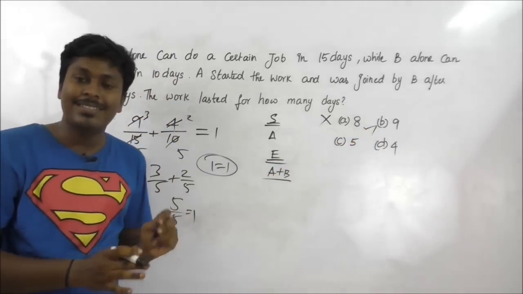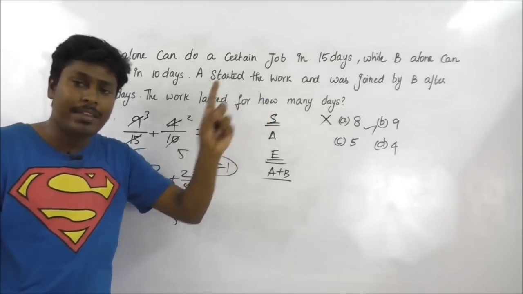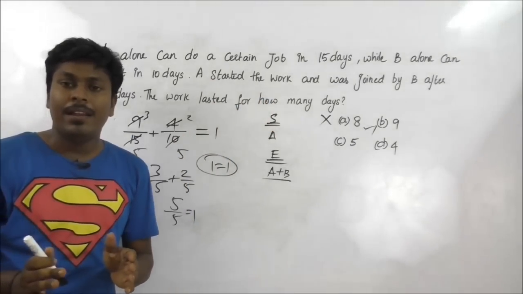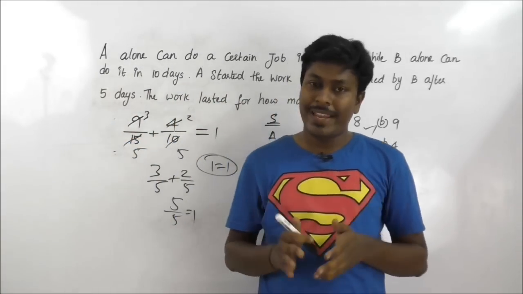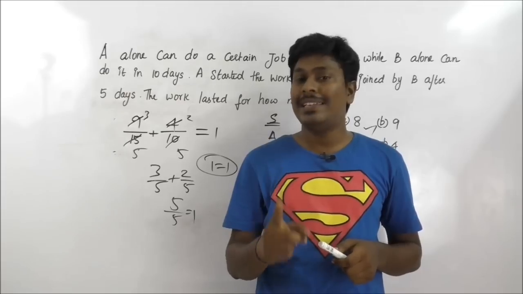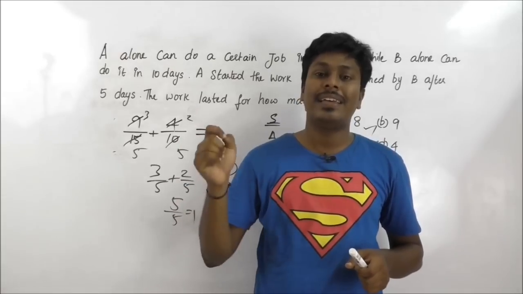I hope this is the easiest method friends. Don't worry about joining or leaving if it comes in an exam, right? Follow this methodology. I hope everyone has enjoyed these 4 sums, which are so interesting. Solving time and work is so easy, but use a proper methodology. Don't go for remaining work.